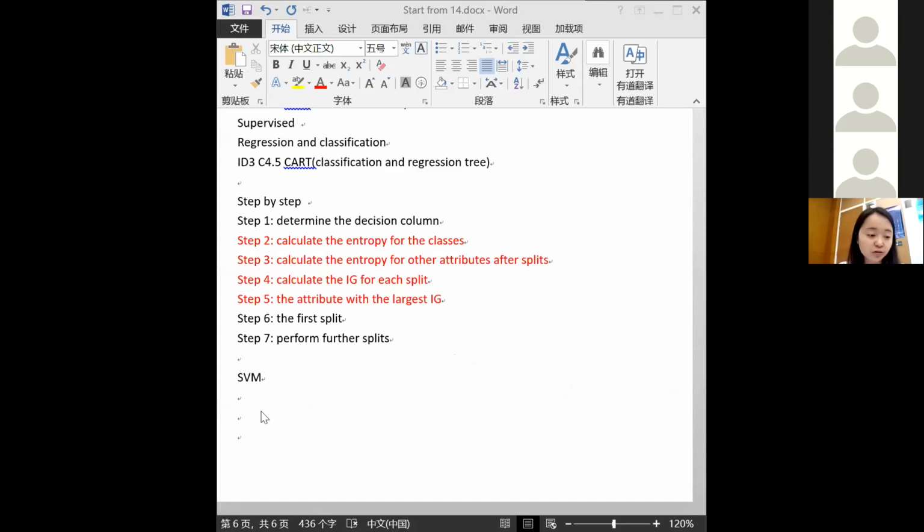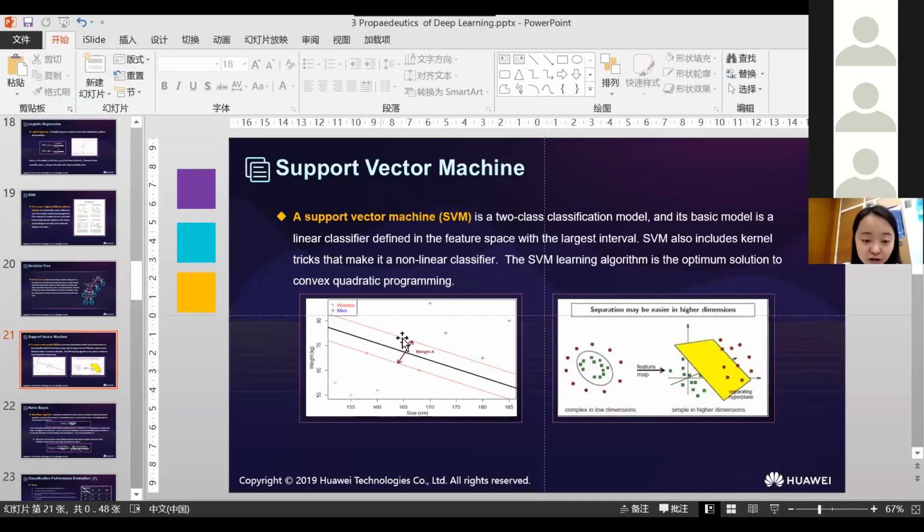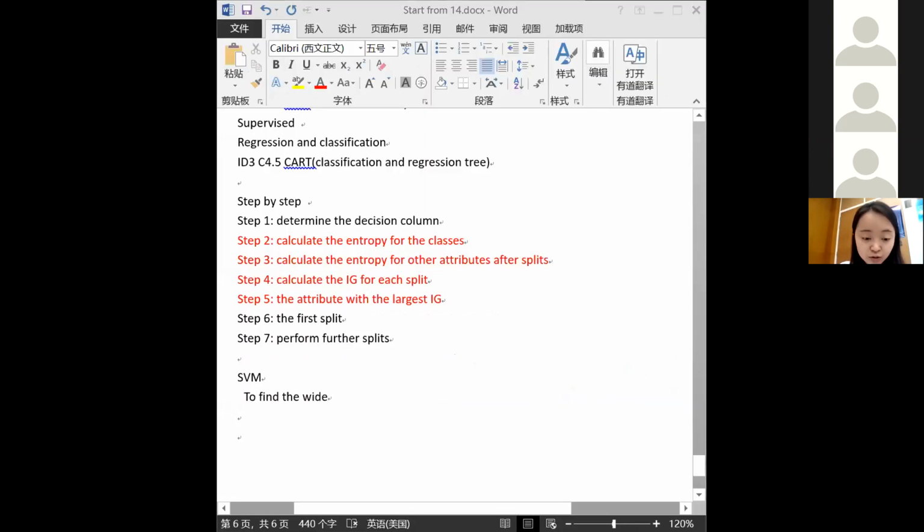The goal of support vector machine is actually to find the maximum margin between these two classes.